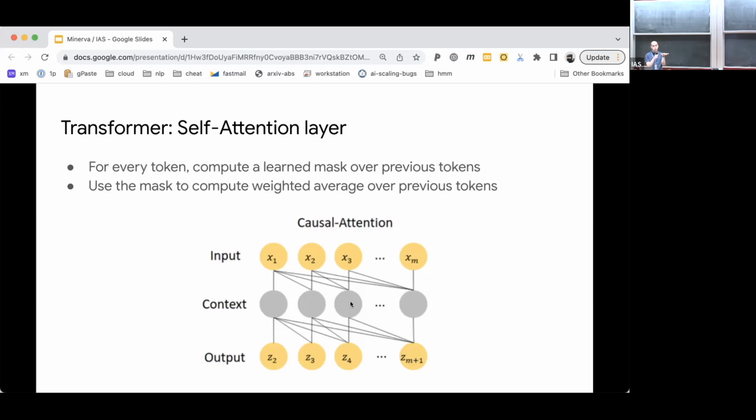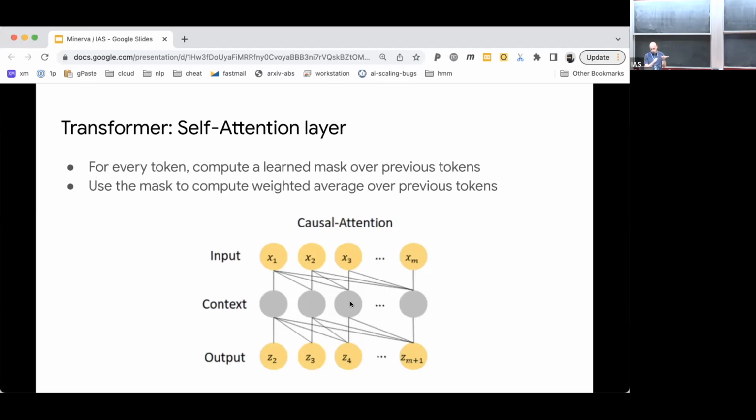These weights are supposed to tell us which of these previous tokens are most important for trying to predict what's going to go in this next token. So maybe there is a token that's very far back that's for some reason very important for determining what this next token should be. Or maybe it's just the last token, or maybe they're all equally important.